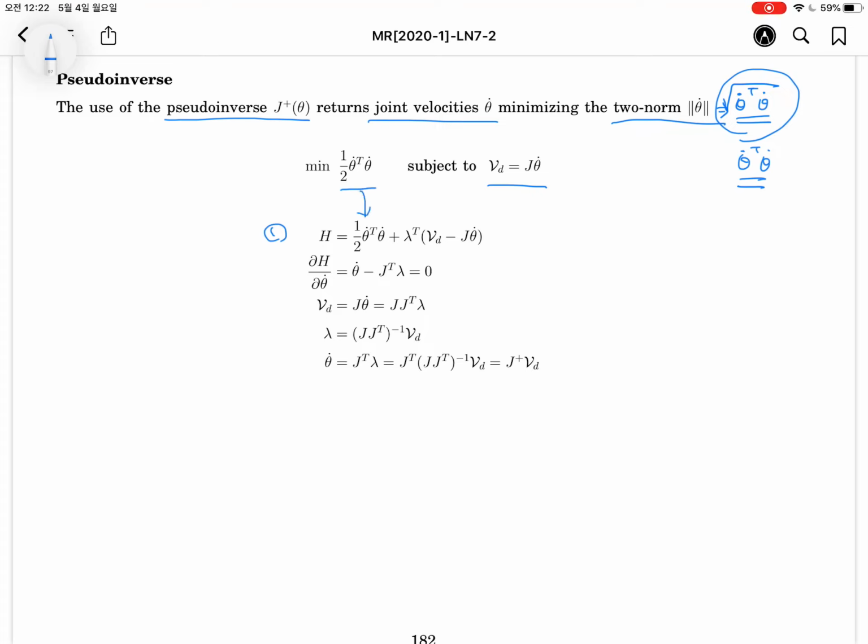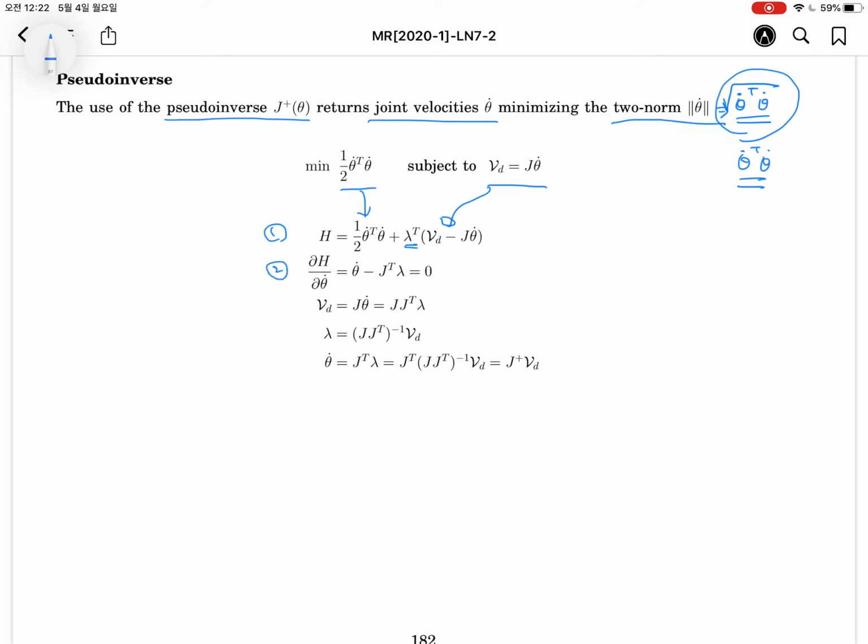Our first step is to write down the Hamiltonian: the minimized value and the constraint. The constraint is a vector, so a Lagrange multiplier should be applied to connect the scalar to the column vector.